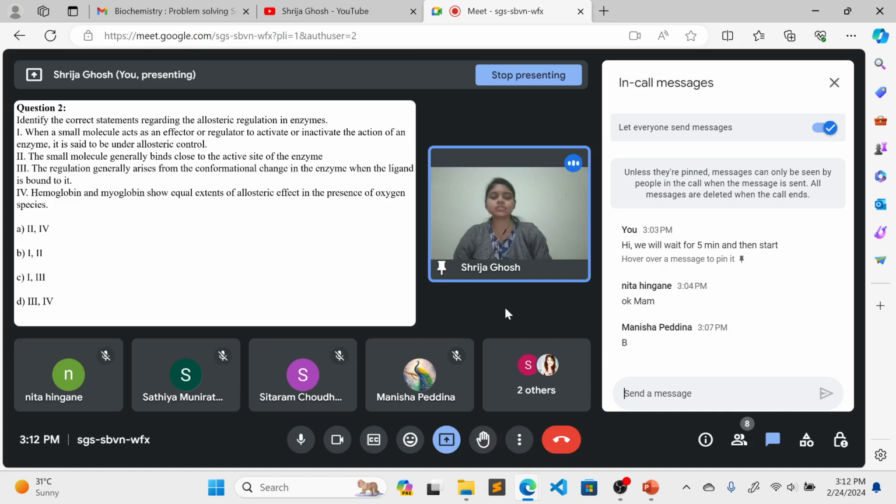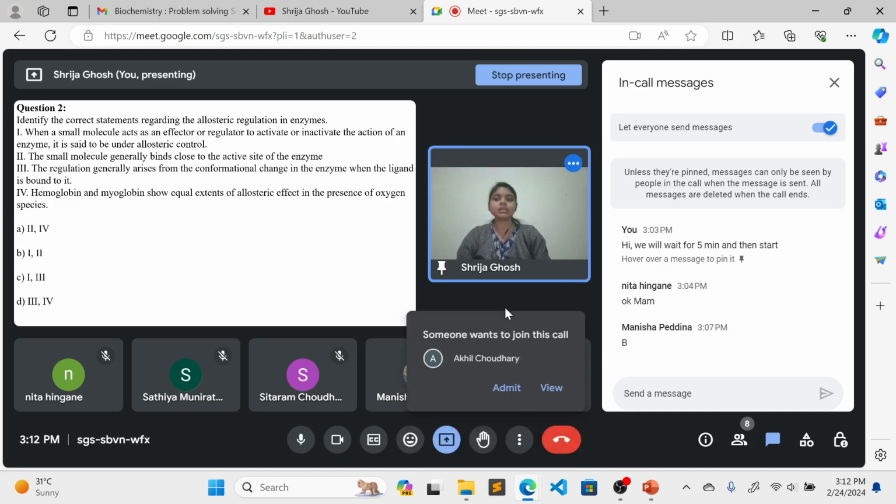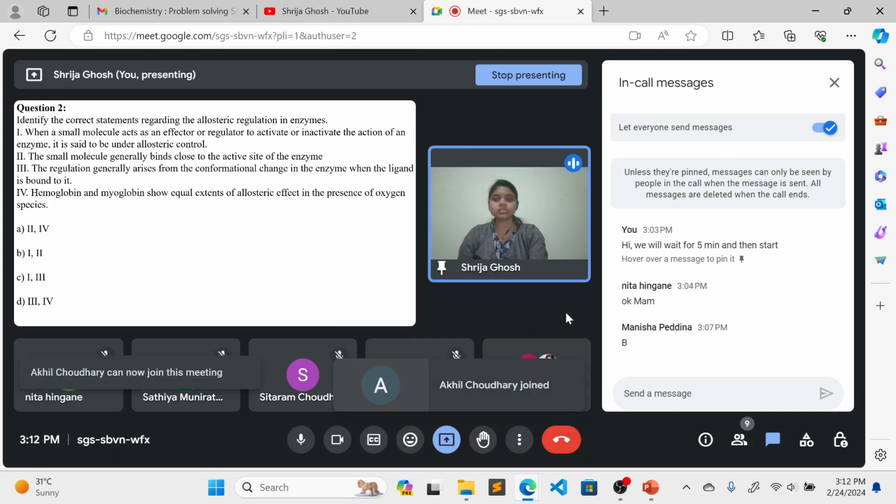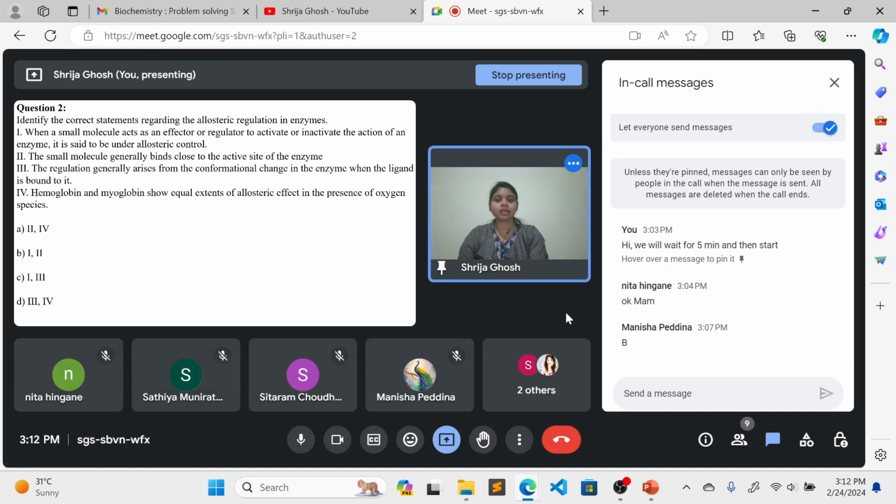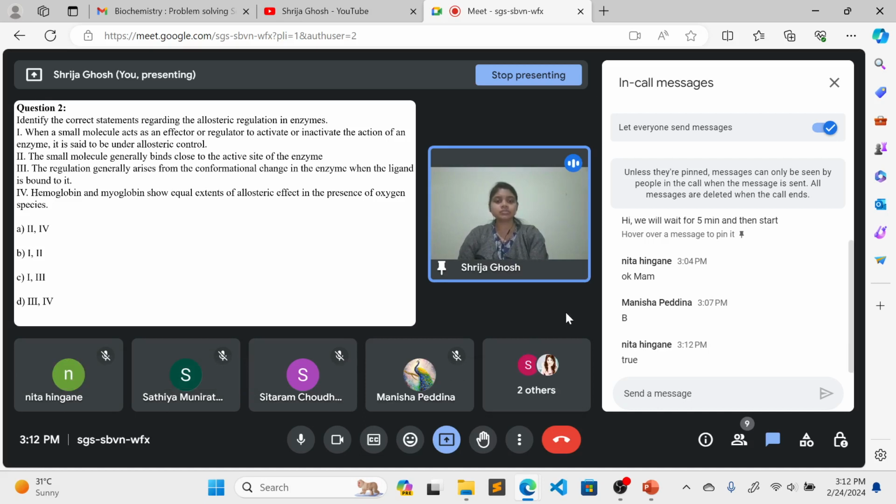So let's start with the first statement. When a small molecule acts as an effector or regulator to activate or inactivate the action of an enzyme, it is said to be under allosteric control. Is it true or is it false? Yes, Neeta is saying it is true. Yes, correct. This statement is very true.